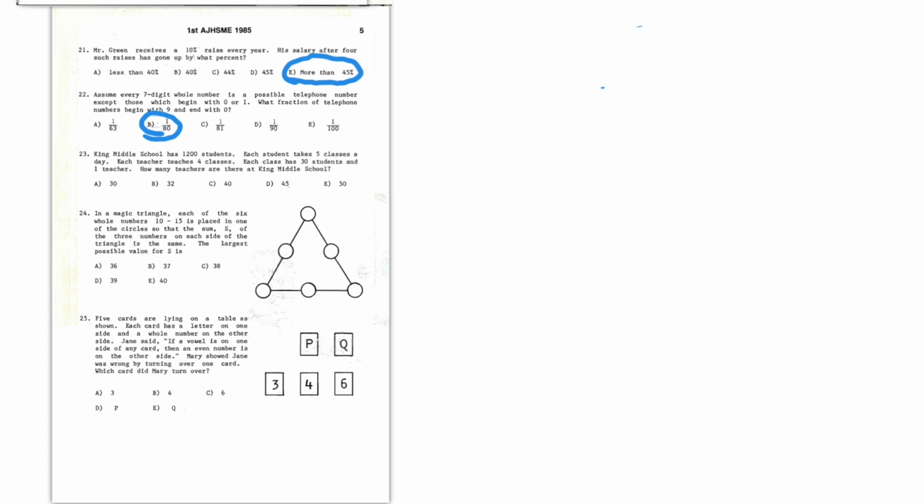In total, there are 1,200 students. Every student takes 5 classes, so 1,200 times 5 equals 6,000 classes. That means one class is counted per one student. So the 1,200 students will have 6,000 class seats. But one class has 30 students, so it's not one student, one class.